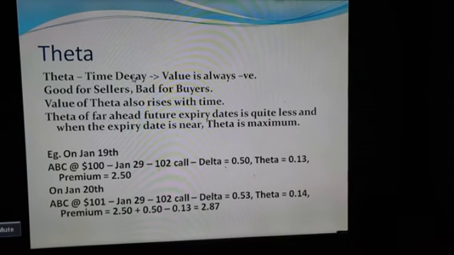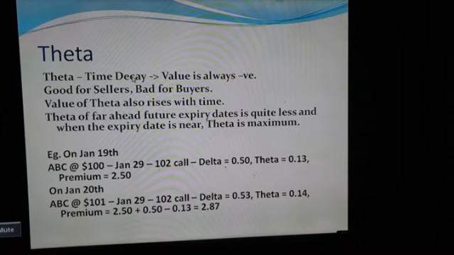Now the time is less, so the value of theta is more here. The option decays every day by some value, because your bet is getting weaker. Similarly, you can understand the same thing for the put option. Theta is always negative because every day time is passing and the value of the option is reducing.